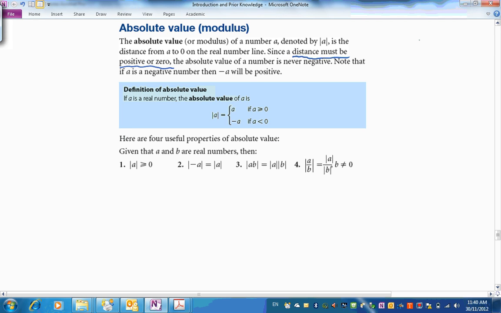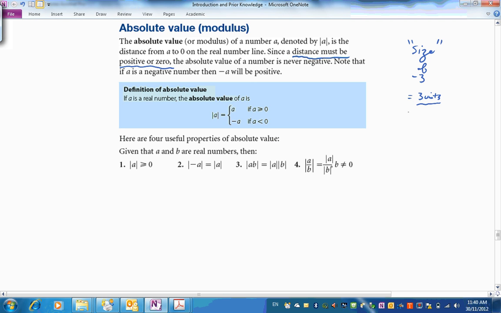It's talking about the size of the number, if you like. How big is the number -3? How far from the origin 0 is it? So the size of 3 is just 3 units, isn't it? So modulus or absolute value doesn't have a sign in front.